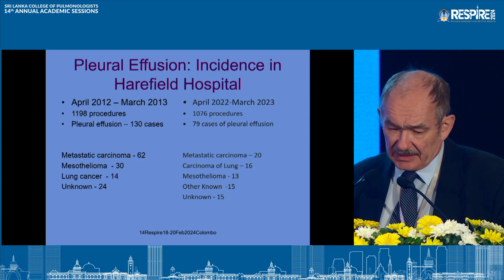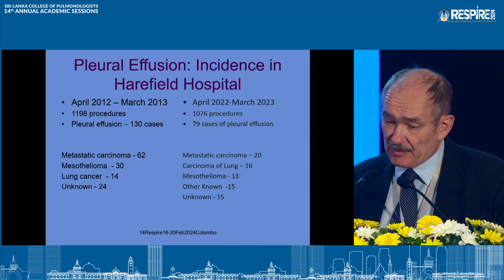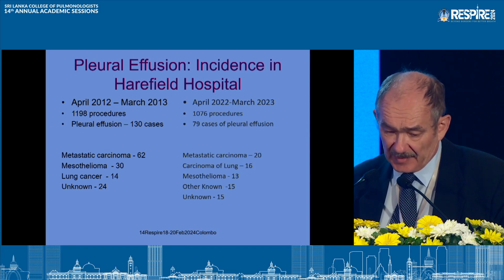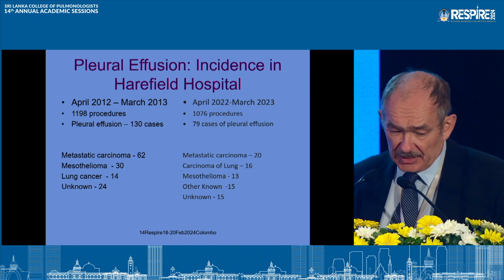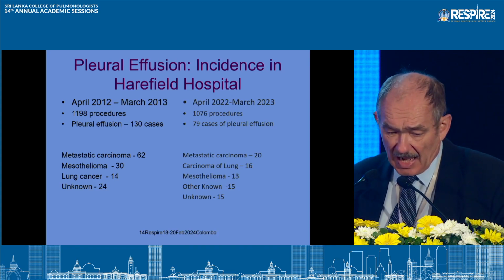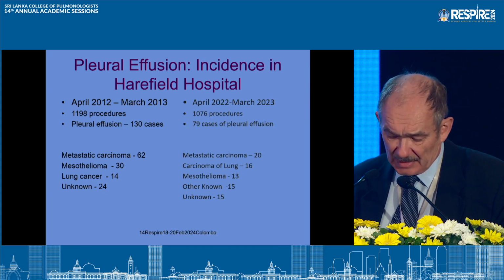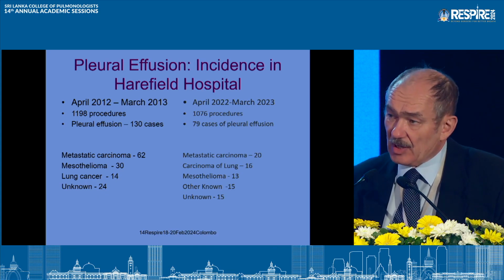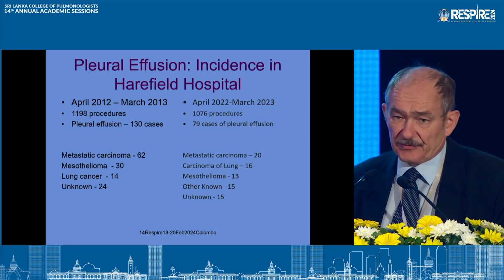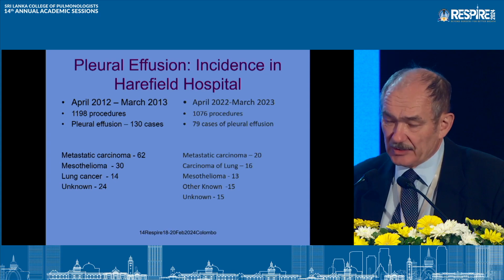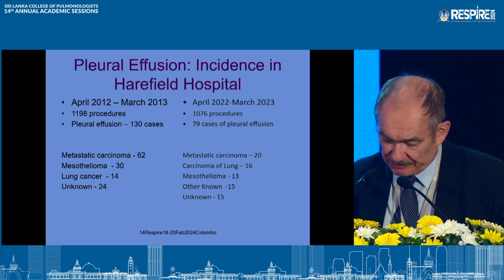Literally 10 years later, the number of procedures has slightly decreased, but the number of pleural effusions we are managing has decreased more substantially. In the breakdown of pathology, we are far less often dealing with mesothelioma and metastatic carcinoma as well. Probably your colleagues in the United Kingdom, who are providing these referrals to me, are doing well, so our workload has diminished.